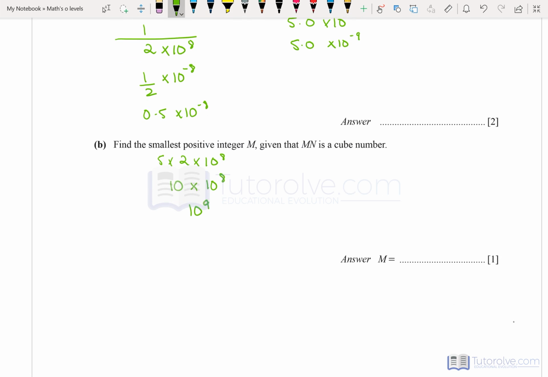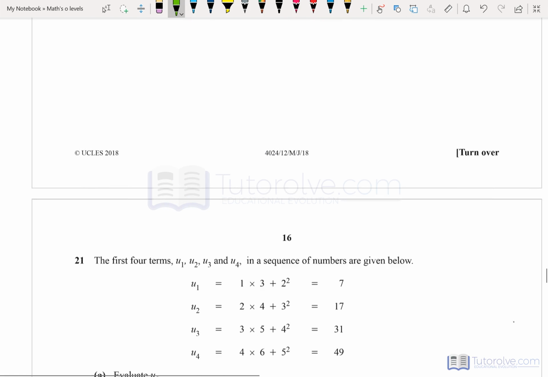If you take the cube root of 10 to the power 9, that gives you 1000, because if you take the cube of 1000, you end up with 10 to the power 9 right here. So m is going to be 5.